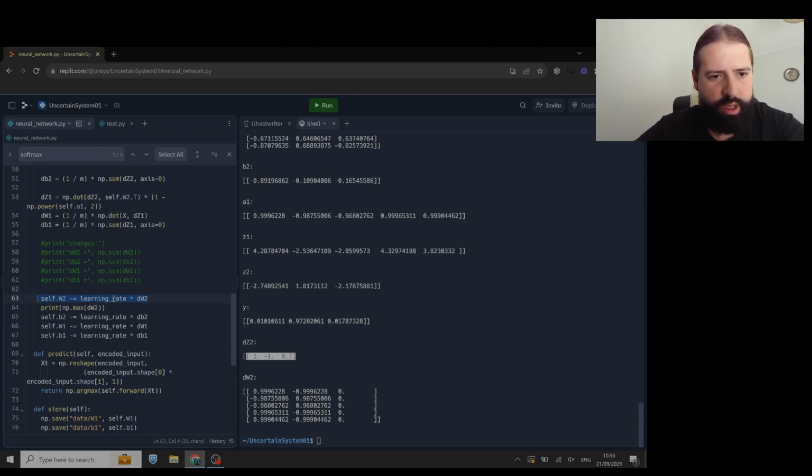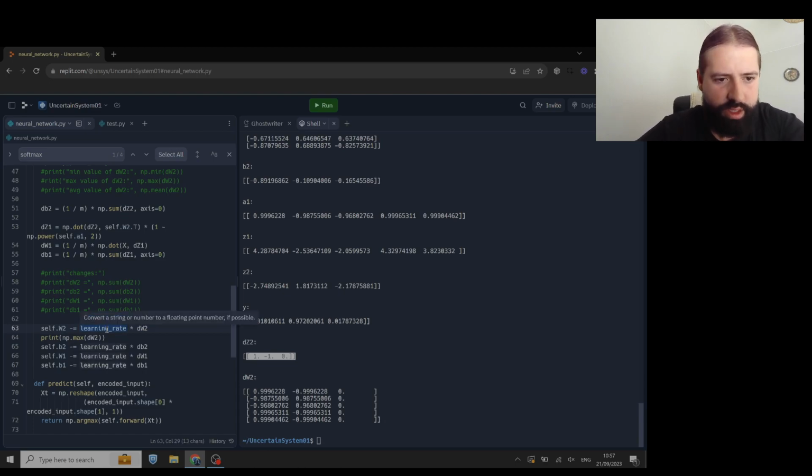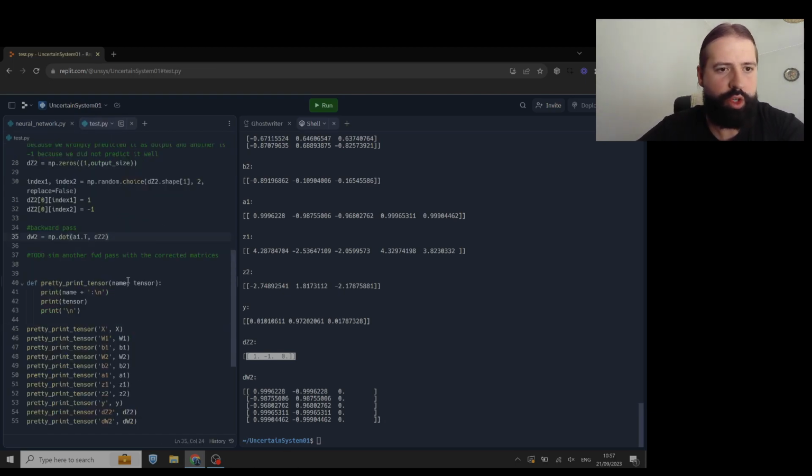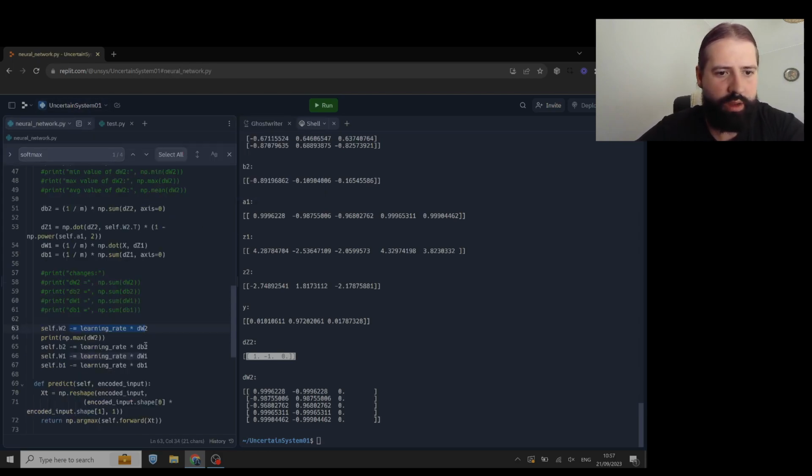Here we're just saying you have a matrix. So either you have a DW2-size thing that you're subtracting, because it has the same shape, and so you can exactly do a subtraction. My intuition would be DW2 needs to have the same dimensions, the same shape as W2, which I don't think it does here.